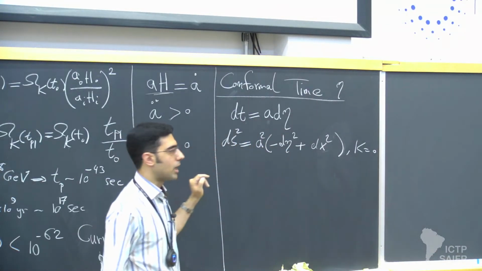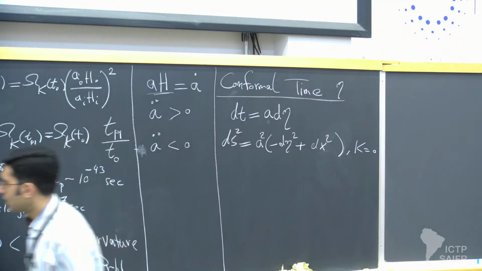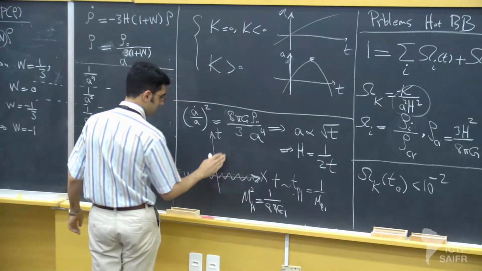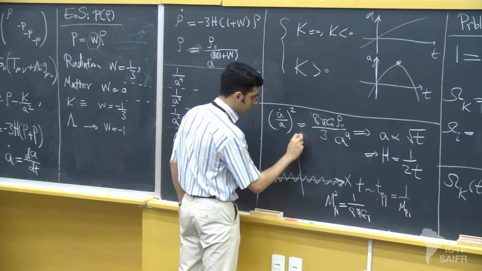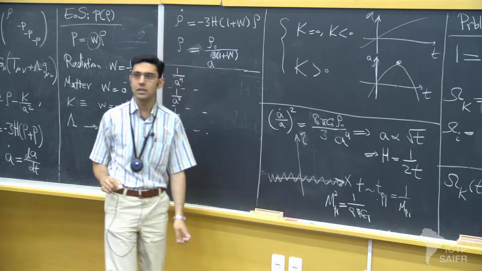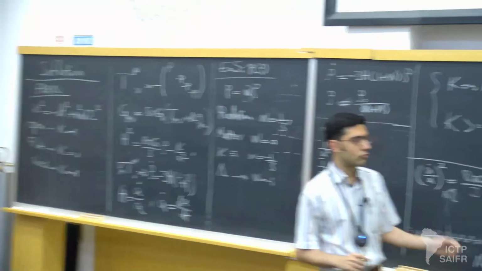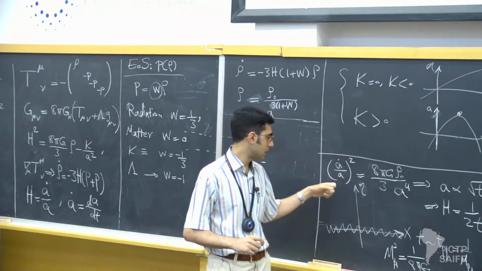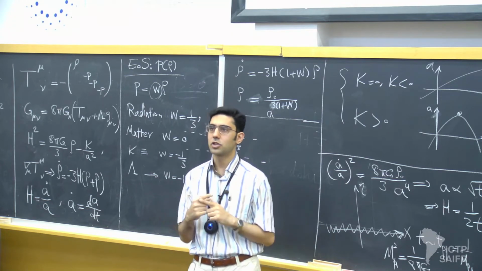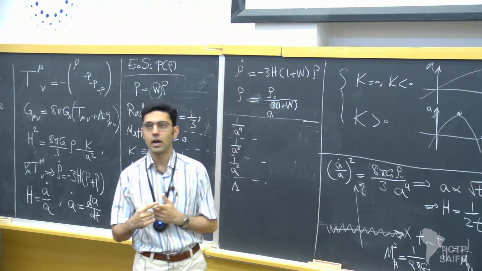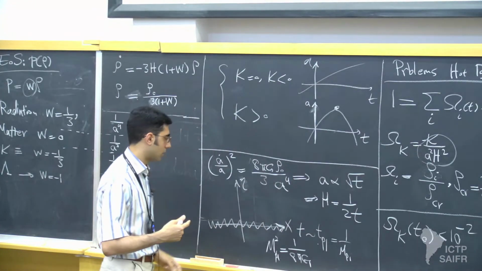And the good thing about these coordinates is that if I draw this diagram that I had here in terms of eta instead of t, then when I'm working with conformal coordinates, the null geodesics, or light rays, will travel at 45 degrees, so they won't be modified by this change in the conformal factor.